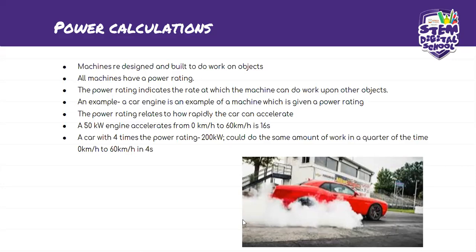But the more power your car has, the faster it can go in a smaller amount of time. Because why? Power is all about rate, okay? The rate of change of the work done, which in this case, the movement of the car, gets done in a short space of time, okay?